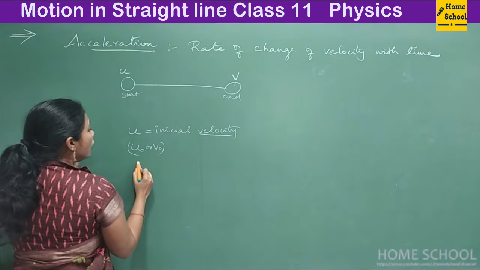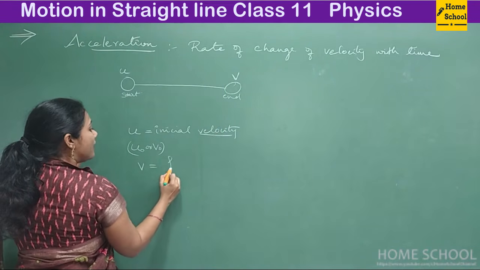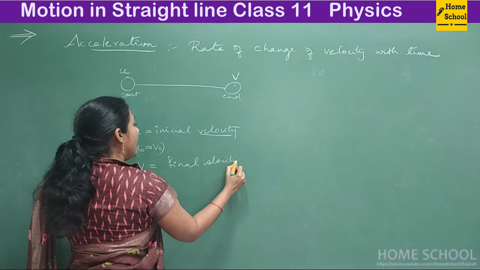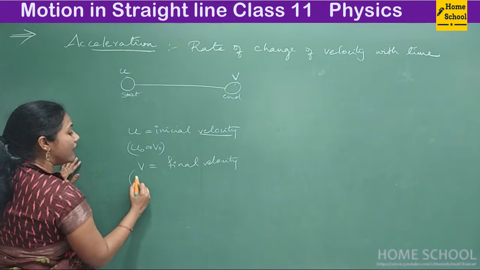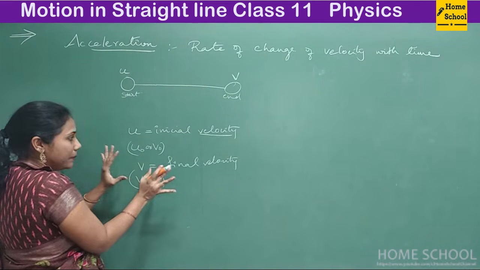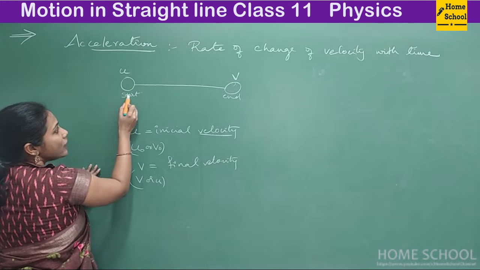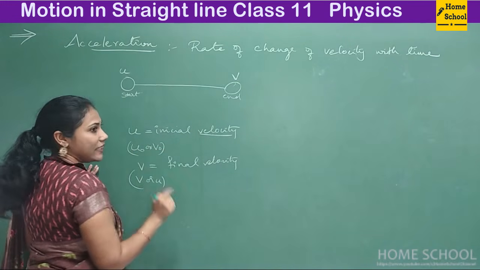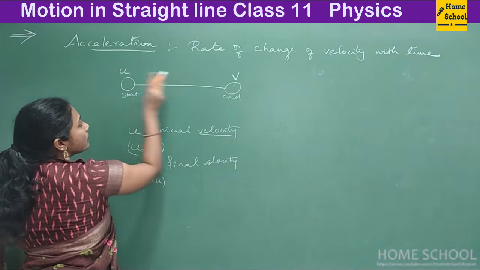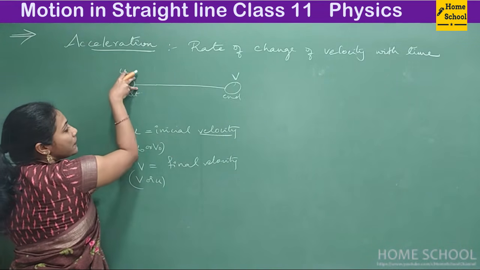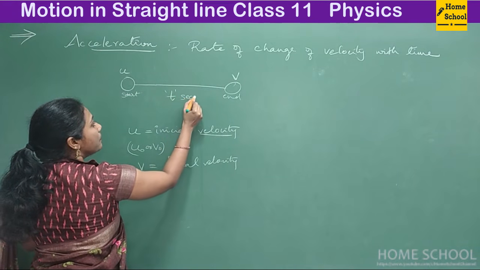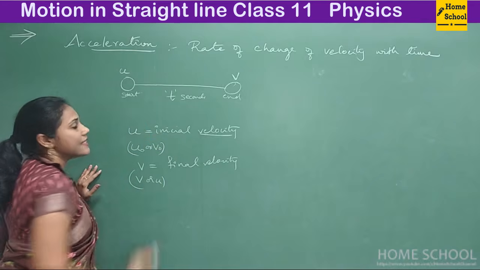So I will call v the final velocity. In your books you will have final velocity as v or u, right? I am here considering u as initial velocity and v as final velocity. And this change in position of the ball from here to here took place in t seconds. So the time for this change is t seconds.